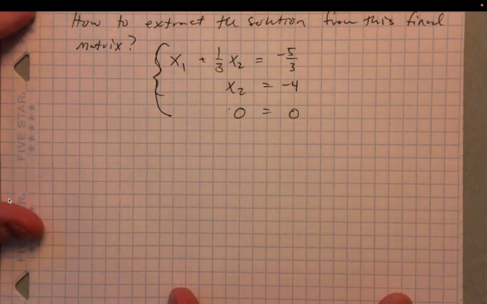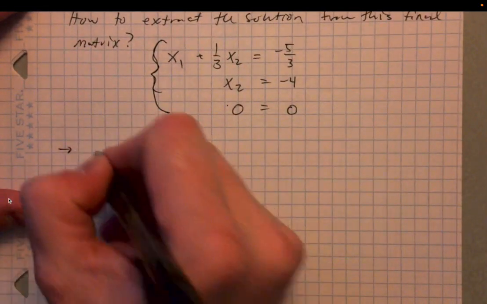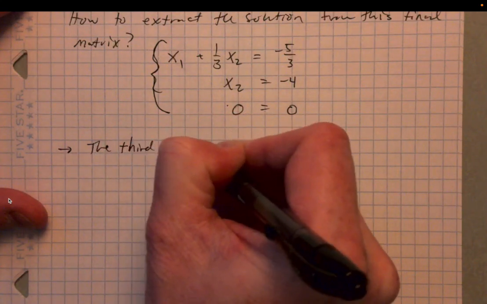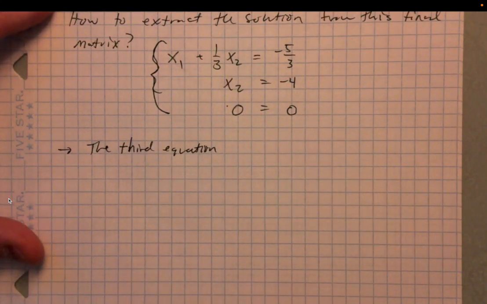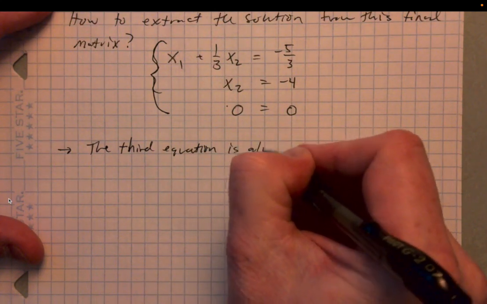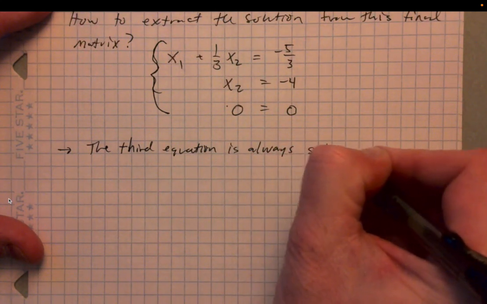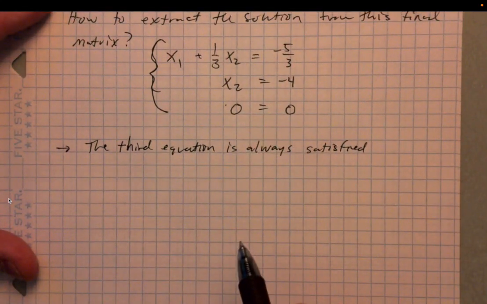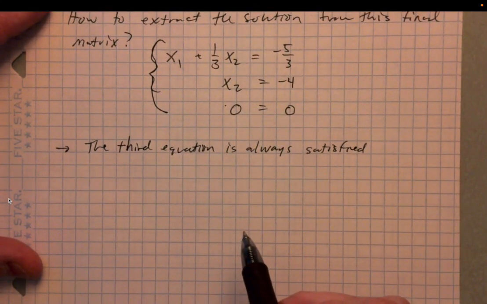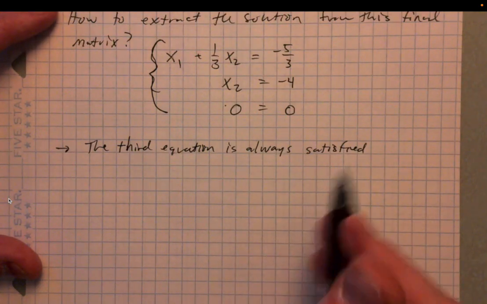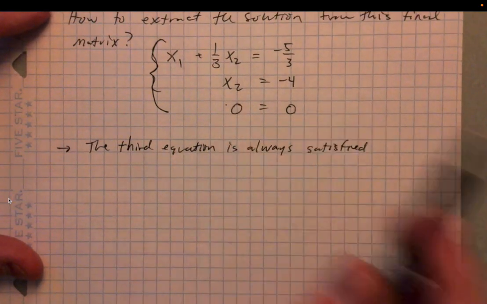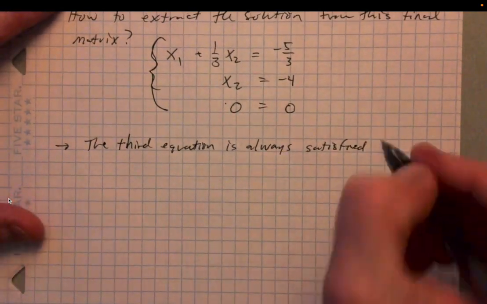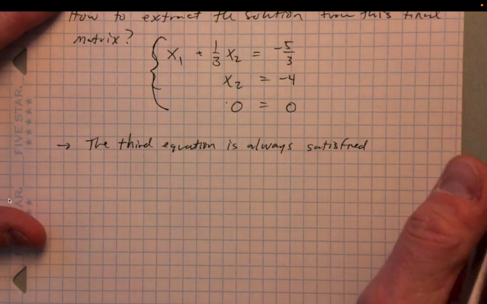The first thing to notice is that the third equation is always satisfied. Obviously, because 0 equals 0. It doesn't matter what x1, x2, x3 are. Anything you plug in is going to be multiplied with 0, and it's going to equal 0. So it's always satisfied.